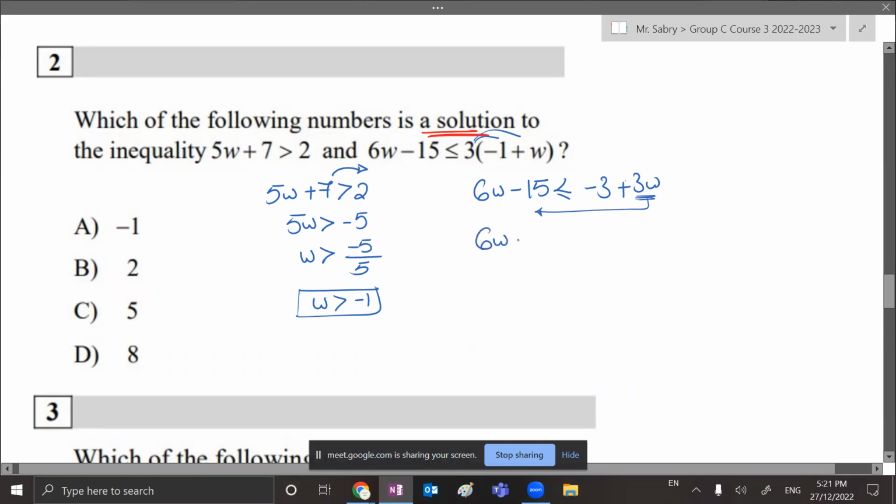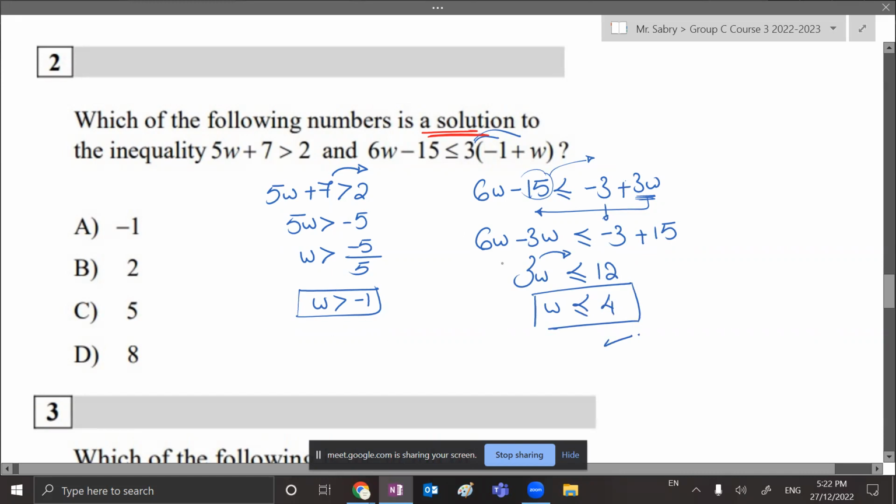So it will be 6w minus 3w, and then I'll move this negative 15 to the other side, less than or equals to the negative 3 as it is, and then plus 15, which went to this side recently. Now 6 minus 3 will become 3w, and negative 3 plus 15 is just 12. I'll move the 3 to the other side by division. So 12 divided by 3 got me 4. Which means w should be less than or equals to 4, and at the same time bigger than negative 1.